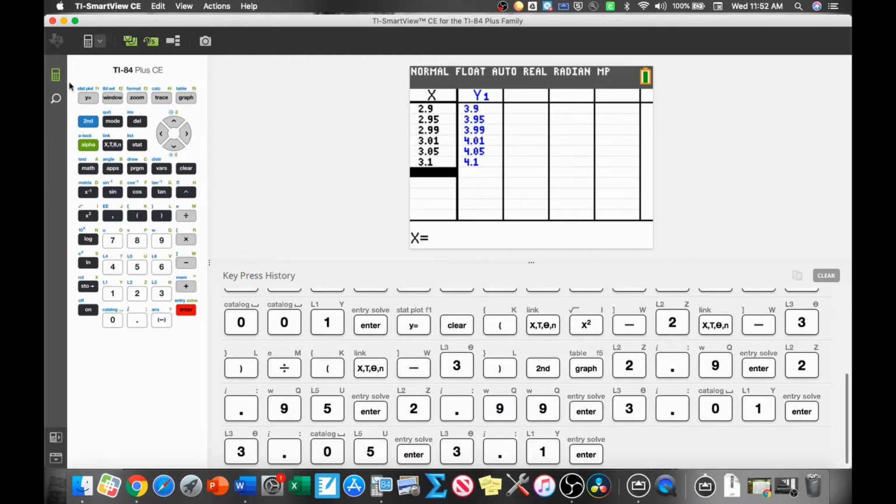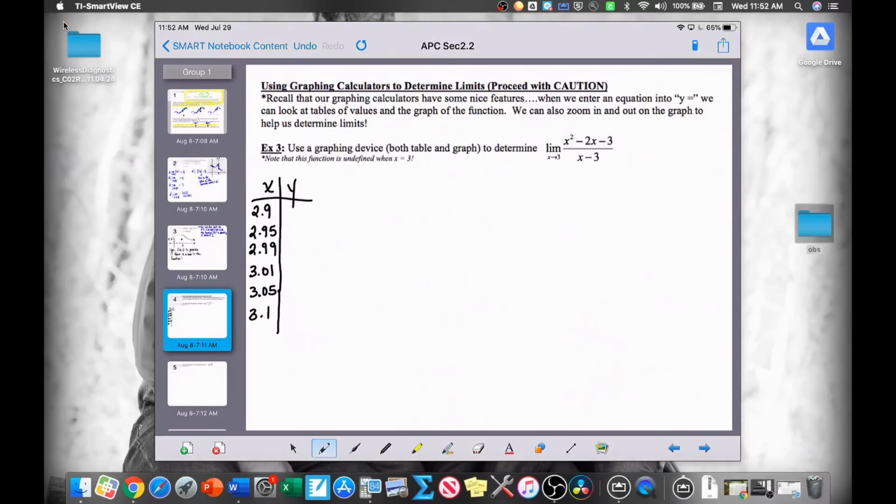So let's take a moment and let's copy those onto the table on our paper. We had 3.9, 3.95, 3.99, 4.01, 4.05, and 4.1. Okay, so here we are approaching 3 from the left, and here we are approaching 3 from the right.